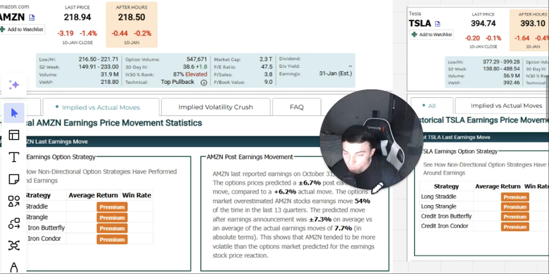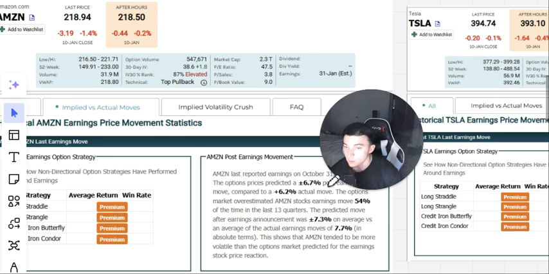So you can use these post-earnings movements to predict whether or not it's going to outperform the expected move or miss the expected move.